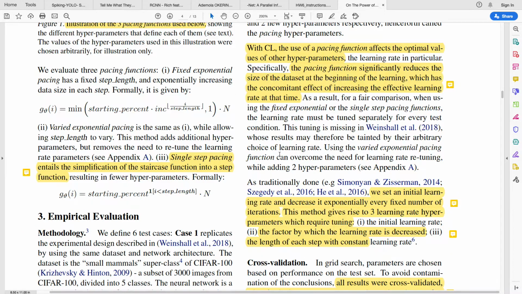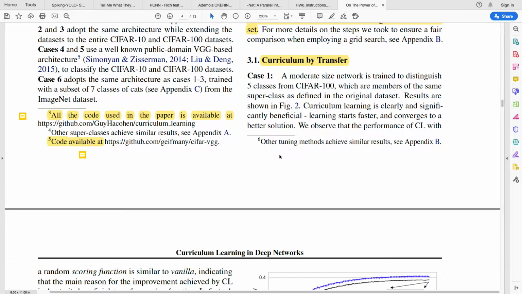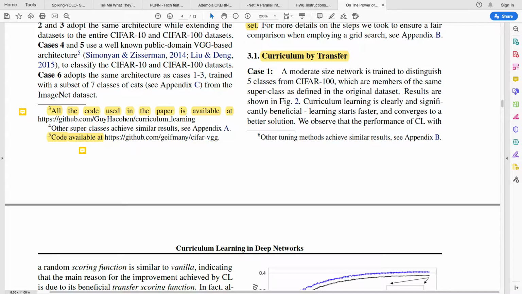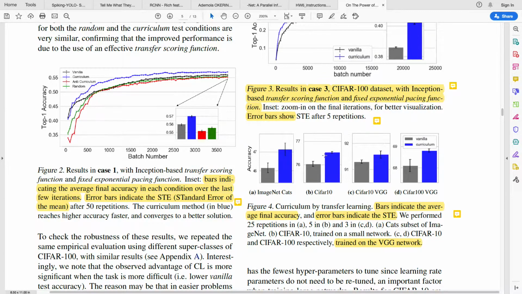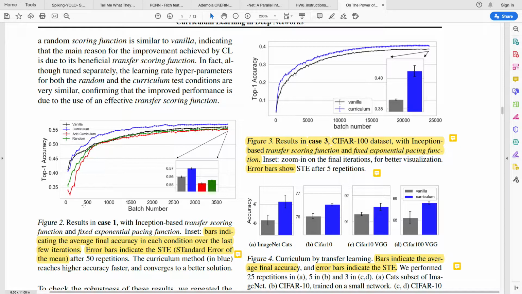Let's see some other important things. We've mentioned curriculum by transfer, where you use a trained network, and these are some of the results. So let's take this for instance. This is top 1 accuracy.